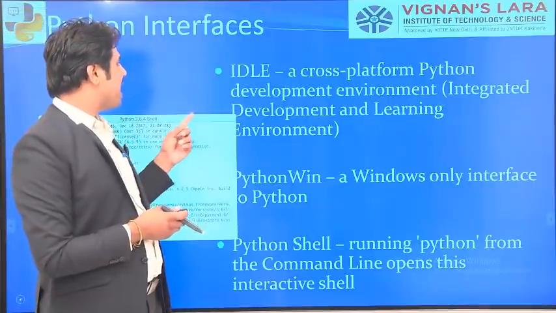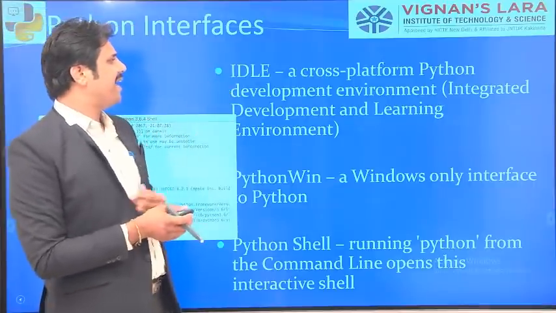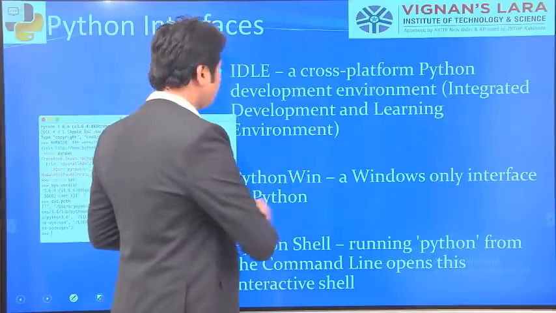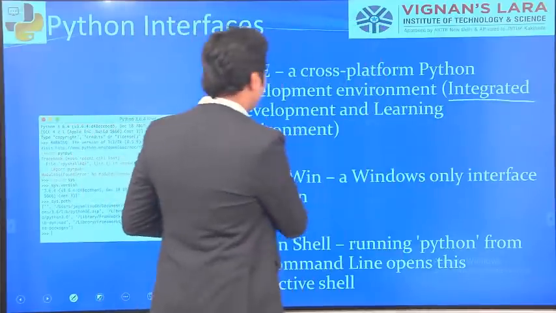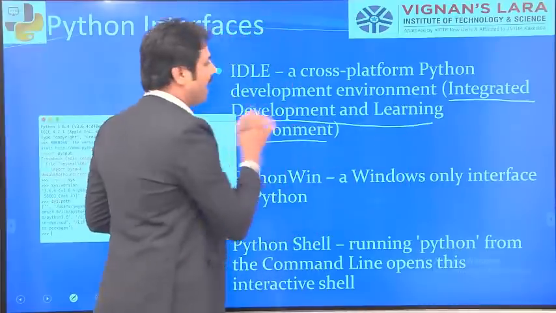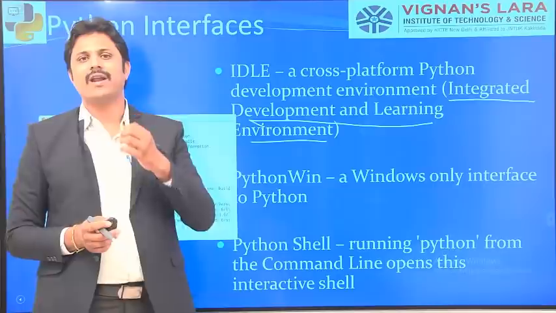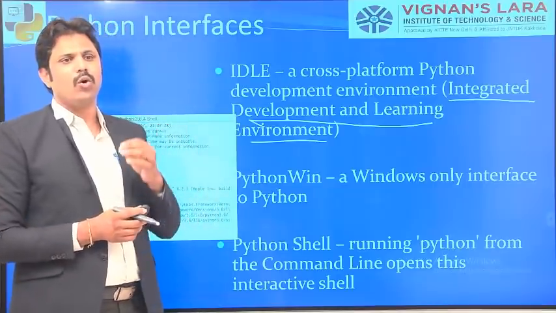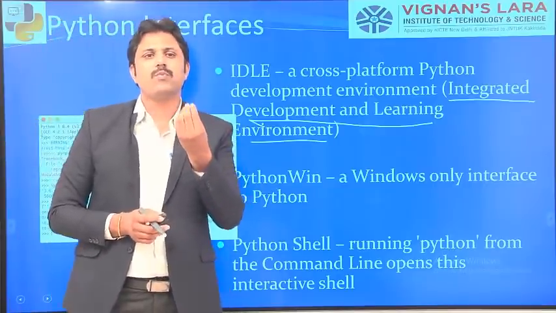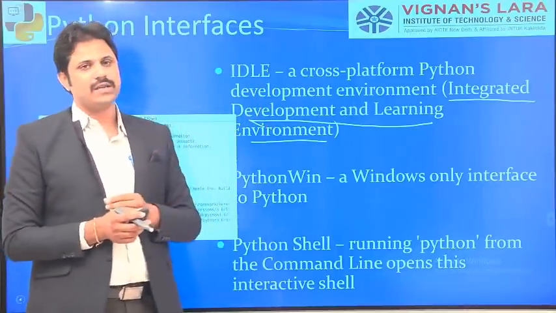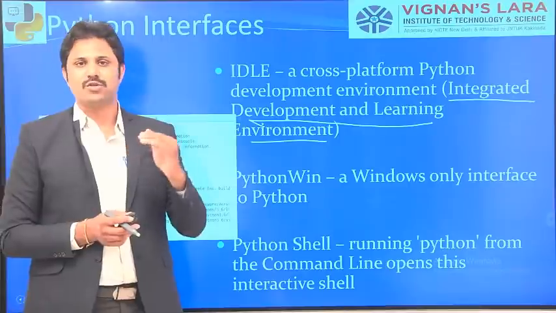First one is IDLE, which is an Integrated Development and Learning Environment. This is the first platform at the student level. To do small additions, subtractions and programs, IDLE is a very useful platform at the student level.